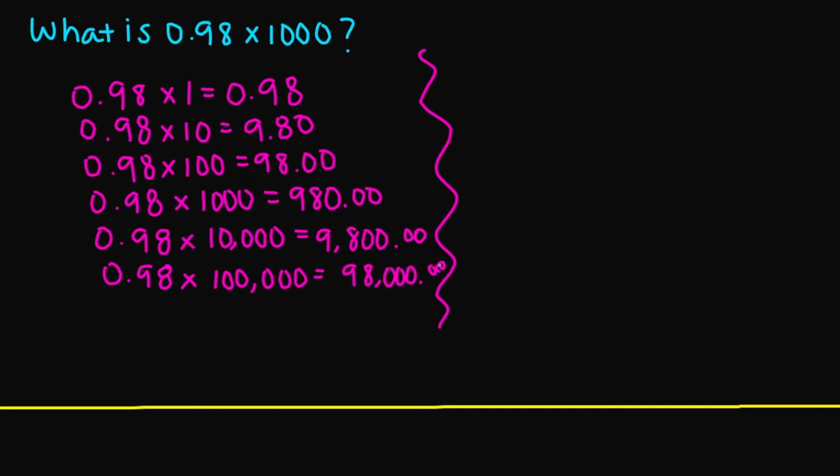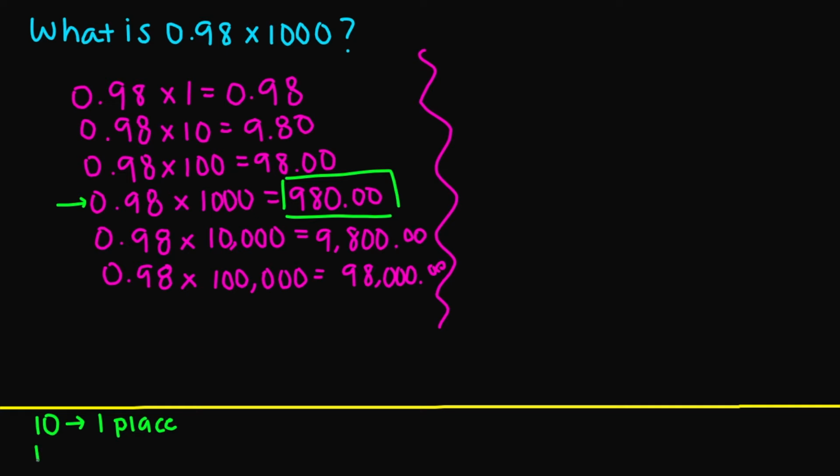So if I'm looking for 0.98 times 1,000, your answer is going to be 980. And when you're looking at your pattern, because I have 0.98 times 1,000, I could just move my decimal point 3 places to the right to give me this answer as well. So if you have a decimal and you multiply by 10, you move your decimal point 1 place to the right.